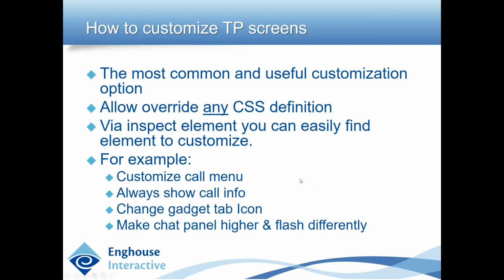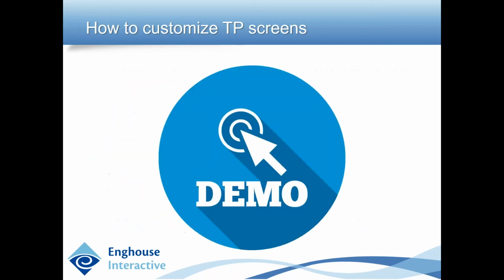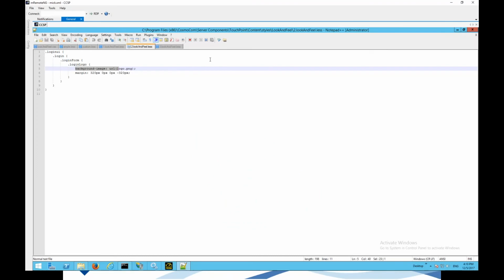So in here we will see customization of the call web menu, how to customize the call info to always show, change some icons for gadgets, and manipulate the chat panel to be different. So let's see how this can be done.